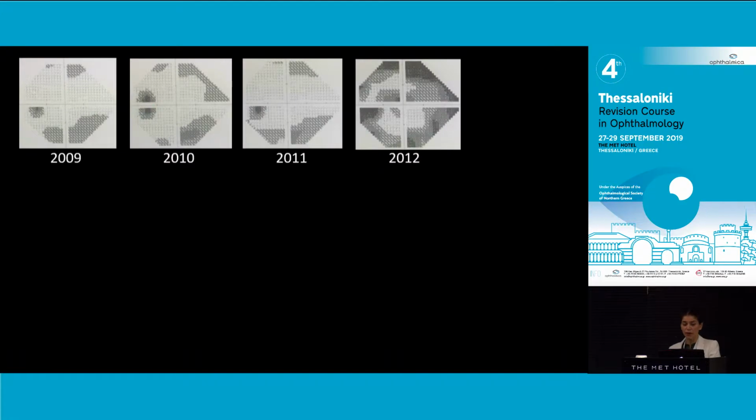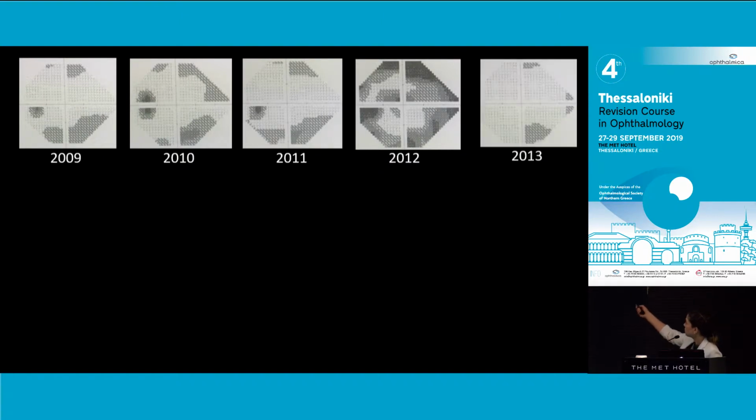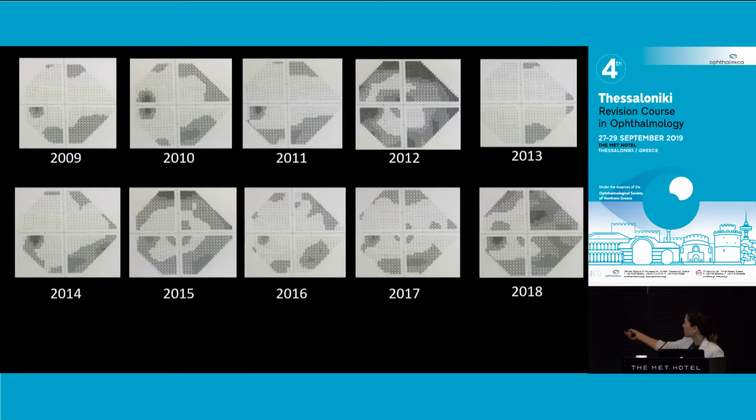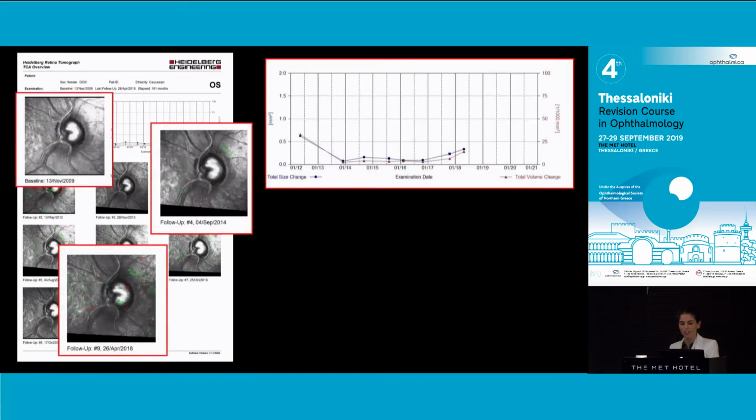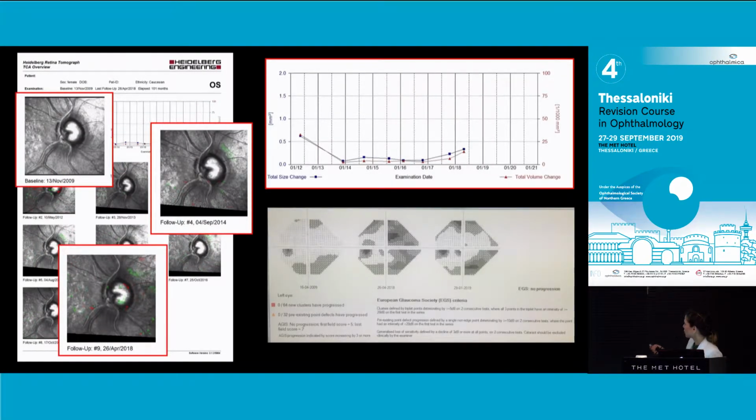And her other eye was also very similar, with visual fields where we didn't know what happened: abnormal, worse, worse, worse, better, worse, strange, and a disc which was not getting worse. And the algorithm does not detect progression. So this is an example of where you cannot fully trust the tests.